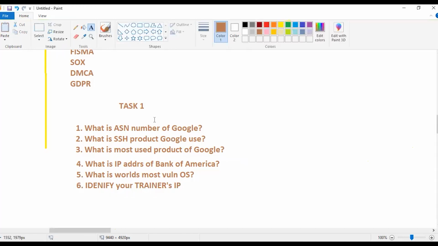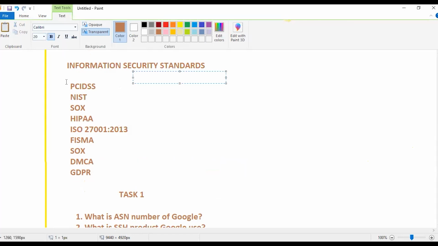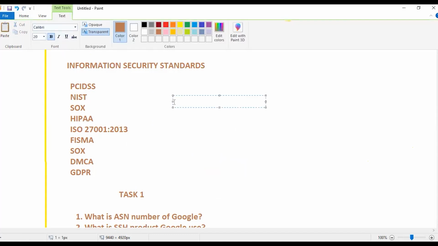Okay, guys, that's this question. I'll give you 10 minutes. It is required to know about the security standards because when you're working in an organization, they're going to ask you about these security standards.